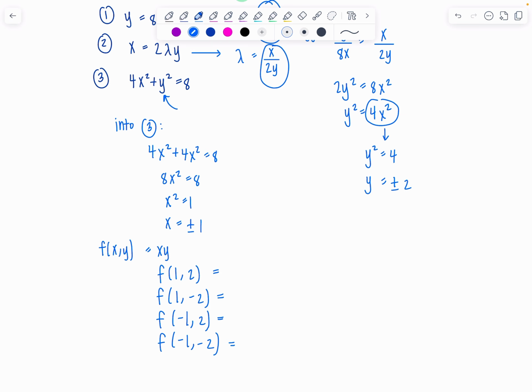Look how relaxing: 2, -2, -2, 2. Perfect. So the smallest values are where my function attains its absolute min value. The absolute min value would be the z value, f(x, y), and where it occurs is the ordered pair (1, -2) or (-1, 2). And then the positive 2's are my absolute max values.